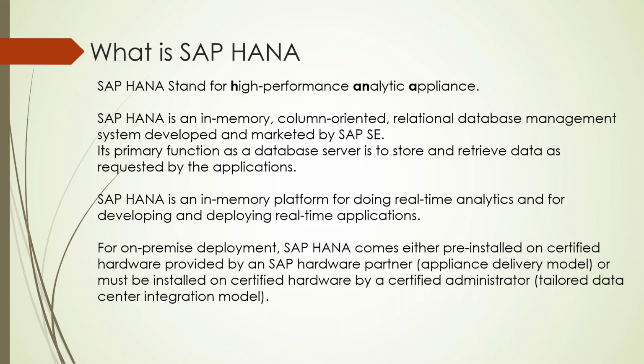So they will do everything. They will configure the networks, storage, everything in that appliance. So SAP is responsible for the appliance delivery model and does all the configuration, but it is costly.